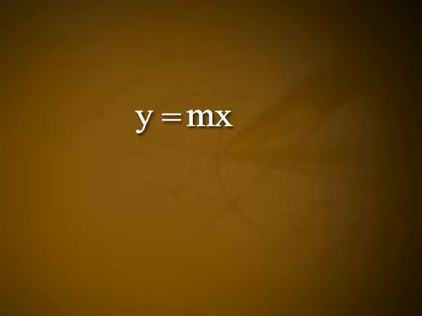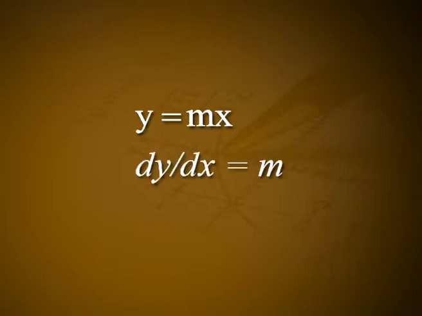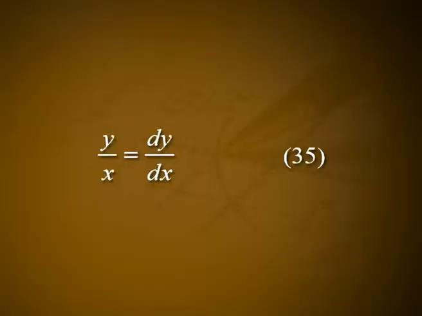Let the original family be y is equal to mx, where m is a parameter. Then dy by dx is equal to m, and eliminating m, we get the differential equation of this concurrent family of straight lines as y by x is equal to dy by dx.